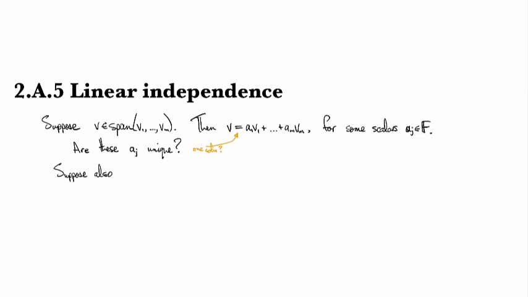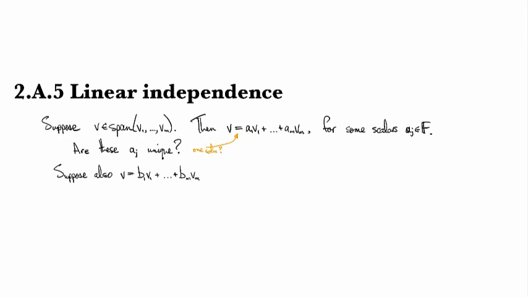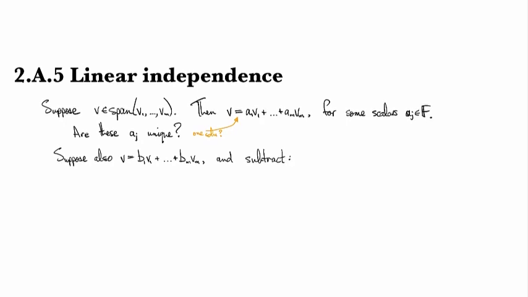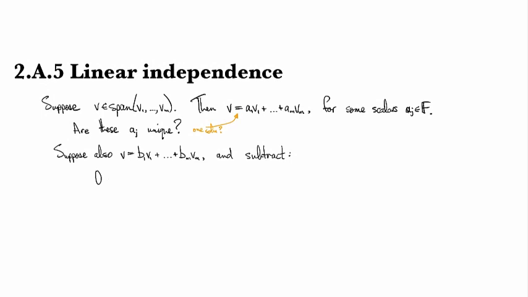So to see this, suppose that we've got another way to write v, written as b1 v1 through bm vm. Okay, and now we subtract this equation from the first equation. Then on the left, we're going to have v minus v.